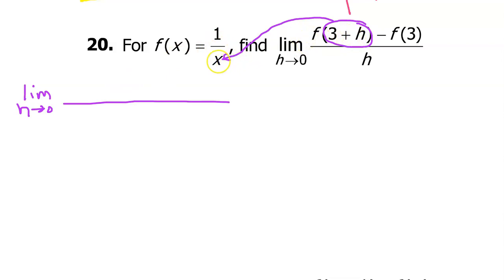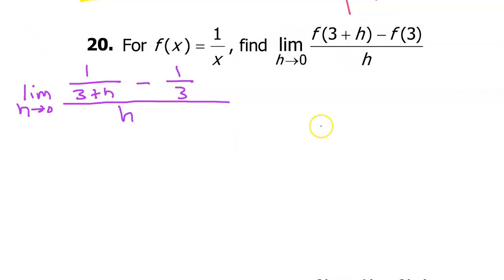So plugging 3 plus h in, I get 1 over 3 plus h. And then minus f at 3. So that means I'm going to take this 3 and plug it in. So that's just going to be 1 over 3. That's f at 3. And then in the denominator, we simply have h.